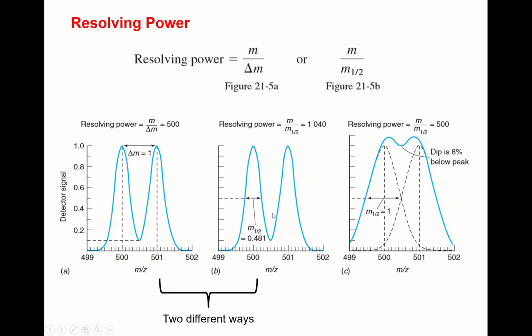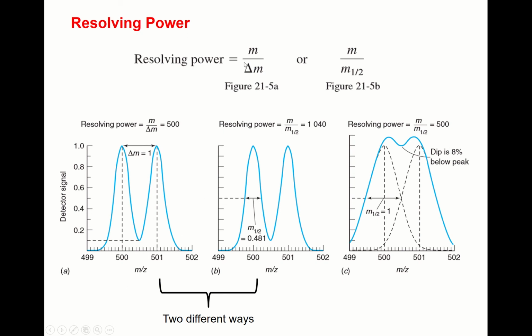What is the resolving power of a mass spectrometer? There are two definitions for resolving power. One is you divide the mass by the mass difference between closely spaced peaks.